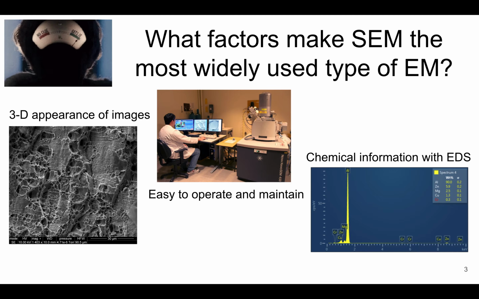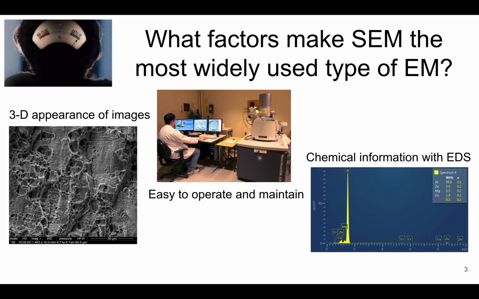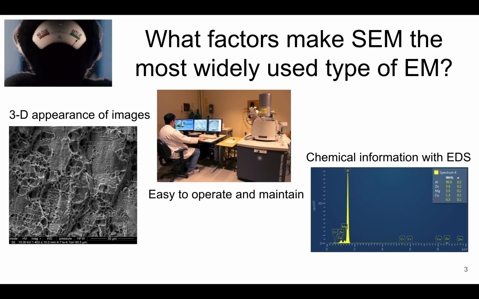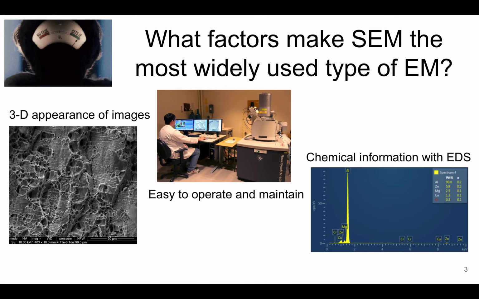The power of this technique is very useful, and that's what makes it very powerful and widely used among the types of EM. We'll also talk about TEM in the next section, and I'll again start with what separates TEM and SEM from the other types as well.